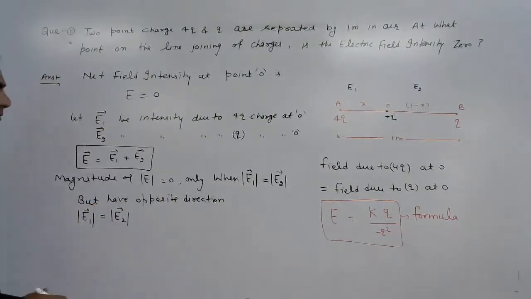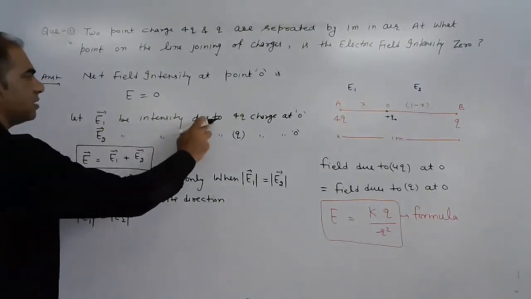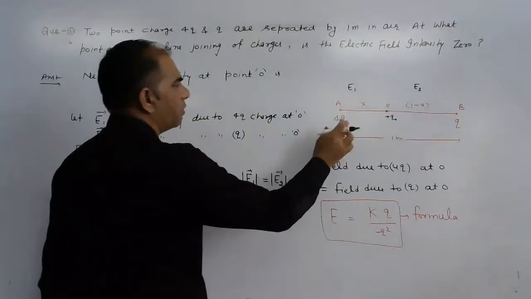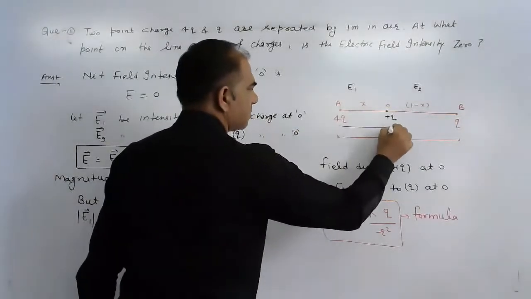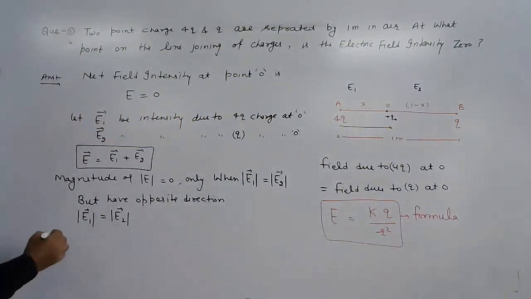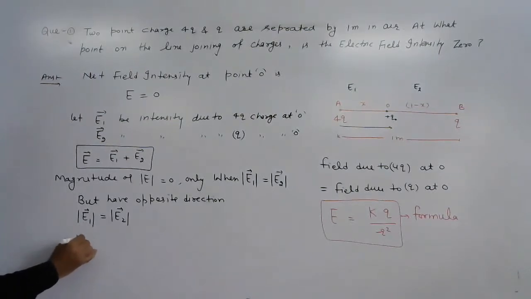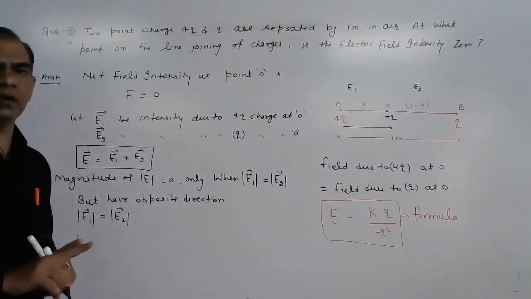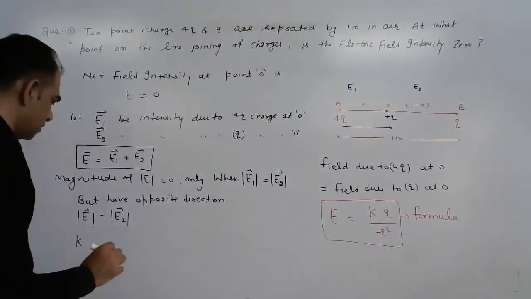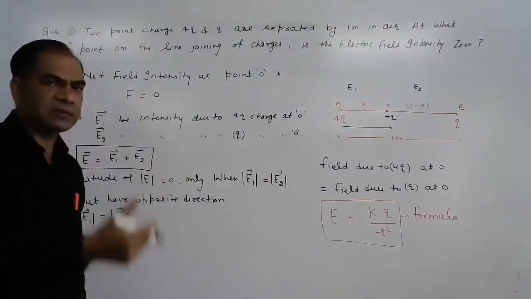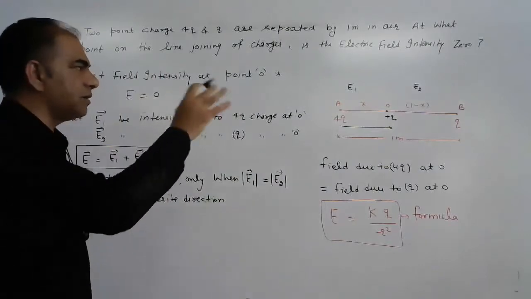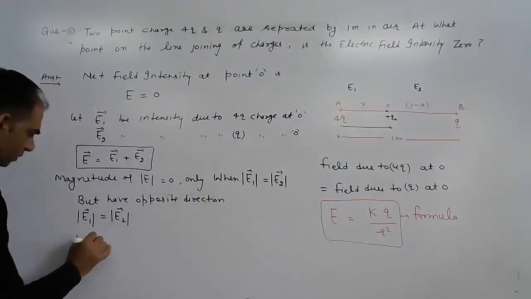We put the value of E1, the field intensity due to 4Q charge at O. Here k is the constant, which has the value 1 upon 4 pi epsilon naught, and the charge which exerts the field at point O is 4Q.